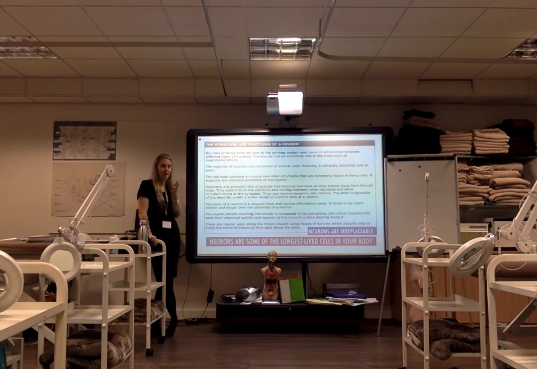Redness. Oh, yeah. So red. So what does cyte mean? Cell. So an erythrocyte is a red blood cell. Red blood cells don't last long at all, and they're constantly being repaired and broken down, whereas neurons are not that replaceable.